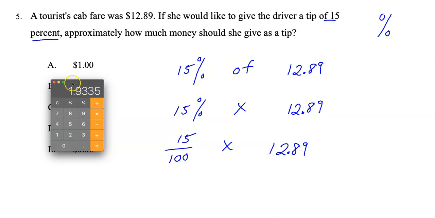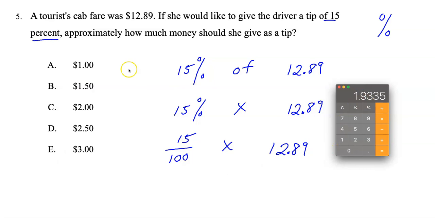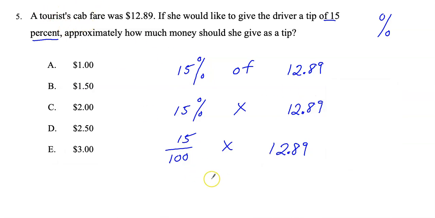And I get, let's see, I'll write the whole thing out. 1.9335. Well, we're dealing with money, so I'm not going to include this piece here. It's $1.93. Well, it says here, approximately how much money should she give as a tip? So not $1.93, what is it closest to? C. So my answer is C.